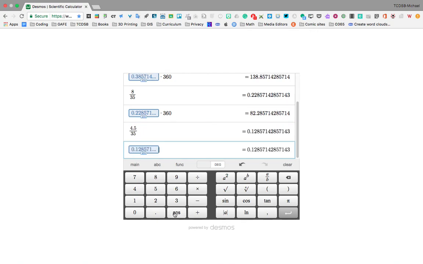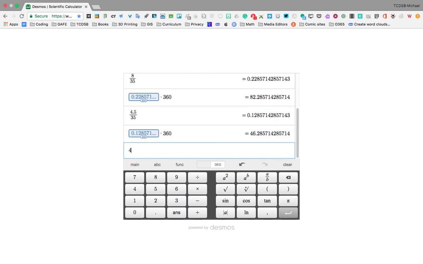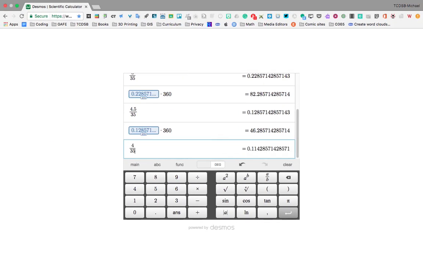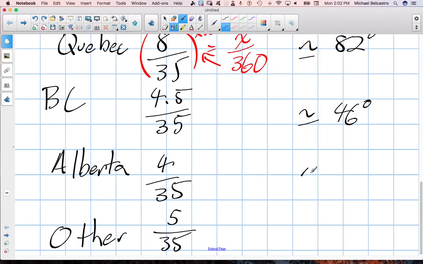So our answer times 360 degrees, 46 approximately. 46 degrees. And then the last one is 4 divide 35. Take that answer times 360. And it's approximately 41 degrees. Okay.